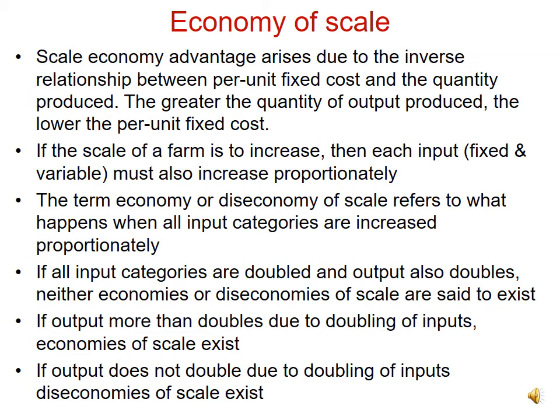In case of returns to scale, what happens? All the inputs, including fixed and variable input, increase. Similarly, in case of economy of scale also, this is a concept similar to returns to scale, where all the inputs including fixed and variable change or increase proportionately.